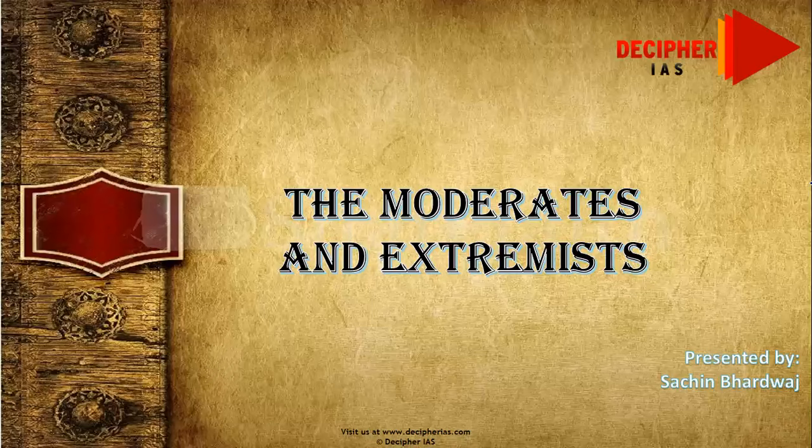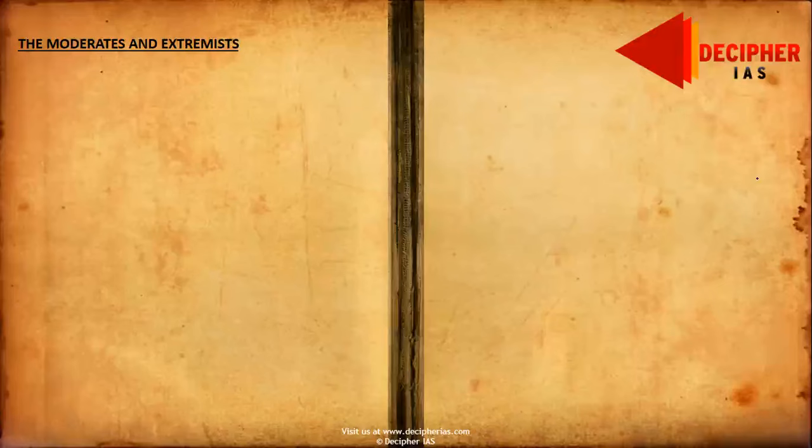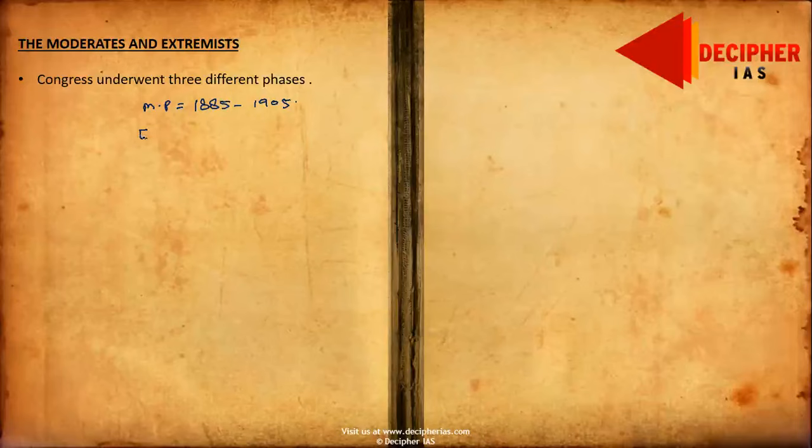Moving on, the Indian National Congress underwent three different phases or periods. The moderate period extends from 1885 to 1905. Then the extremist period, which is from 1905 to 1920, and the third period was the Gandhian period.